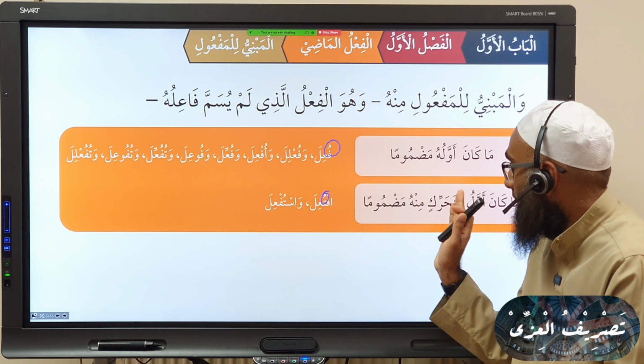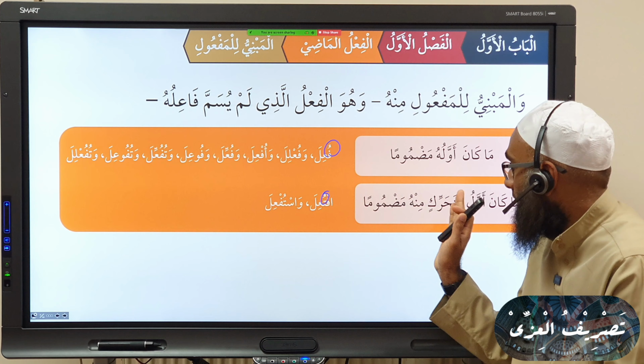Ma'lum and majhul. Now, al-mabniyu lil-fa'ili minhu. Let me explain the structure. What does bana yabni mean? To build, to construct, to mold. Al-mabni is what? Ismul maf'ul. This is ismul maf'ul of bana yabni.